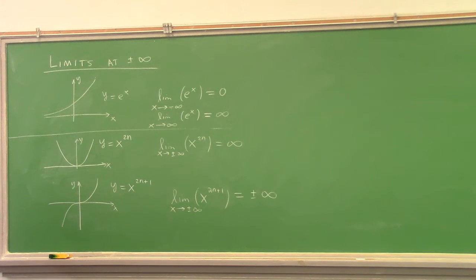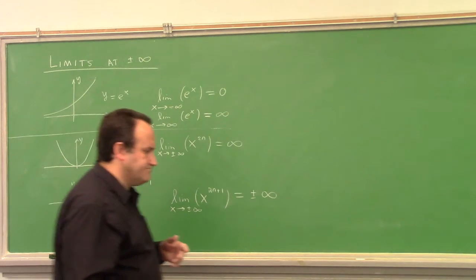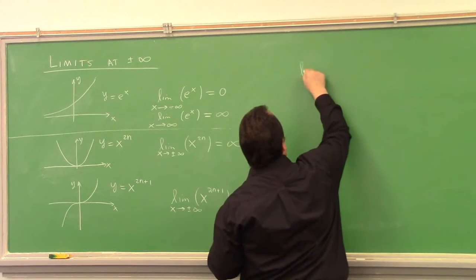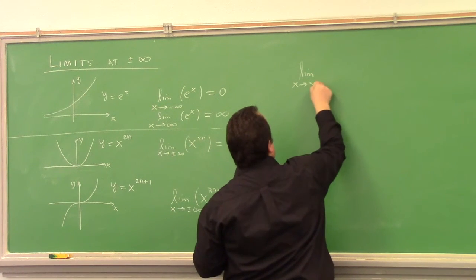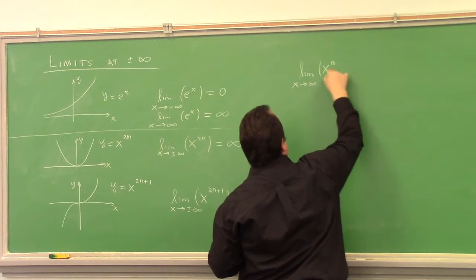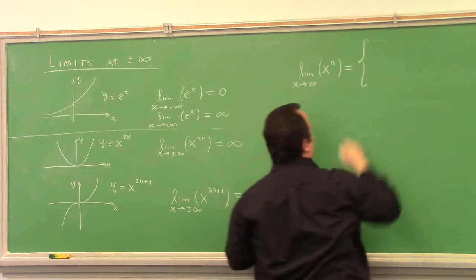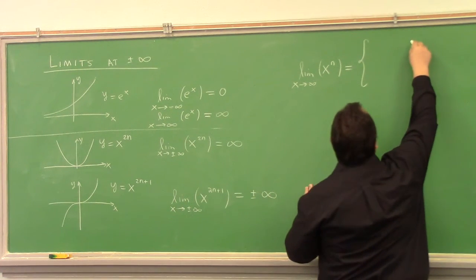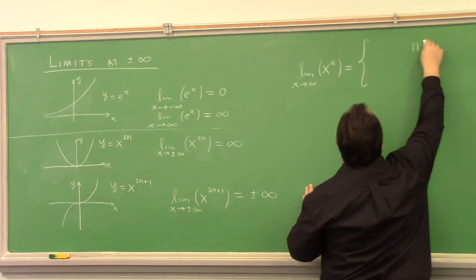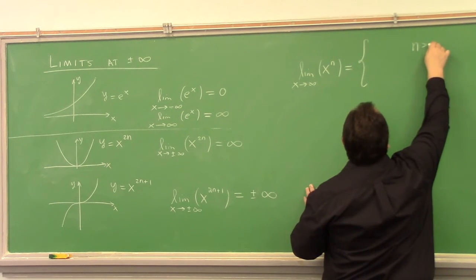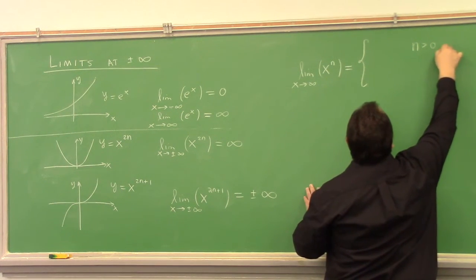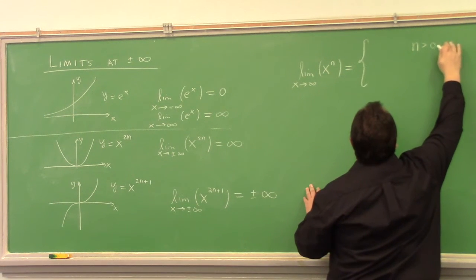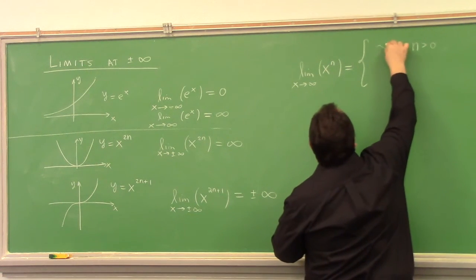And let's see here. I think we could more generically say, the limit as x goes to infinity of x to the power n, what's it equal to? Think about different cases. If n is greater than 0, then we get infinity.